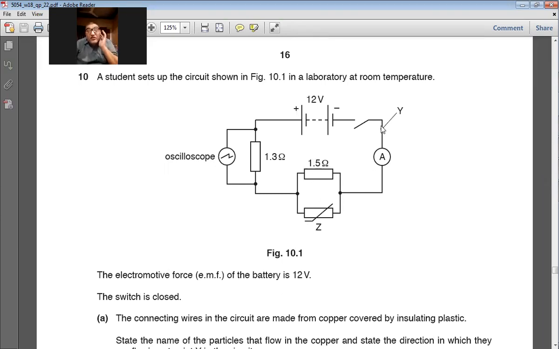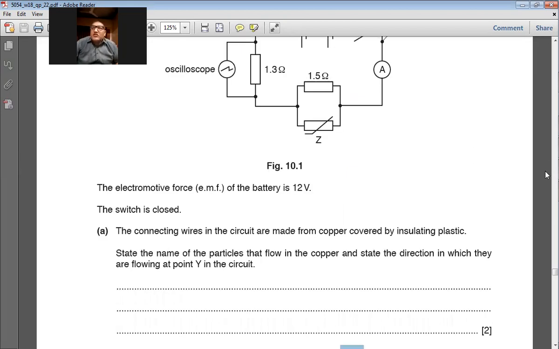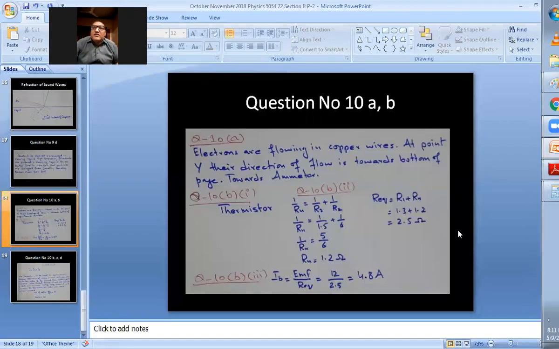The current coming here, that's IA, splits into two branches. If you add the current flowing here and the current flowing here, that will be equal to the current flowing to the ammeter. Let me show you my answer.